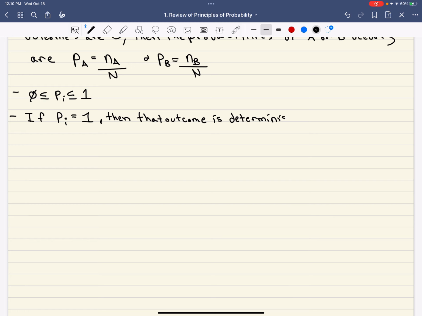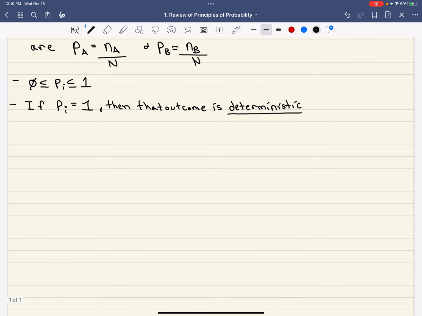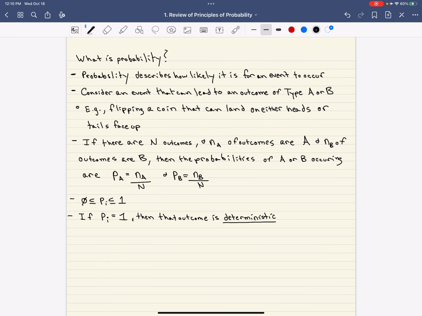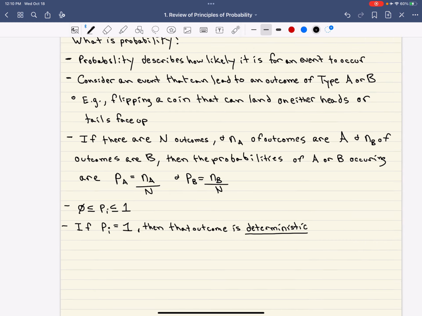Right, so if something has a 100% chance to occur, then it's known as being deterministic. So those are just the basic definitions of probability and how to calculate probability.